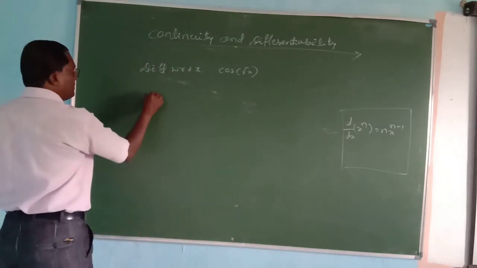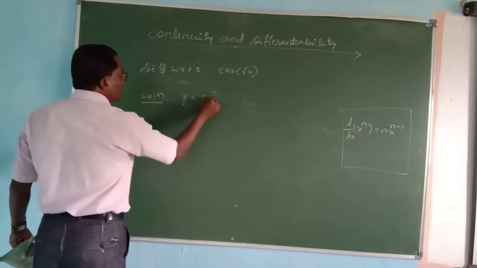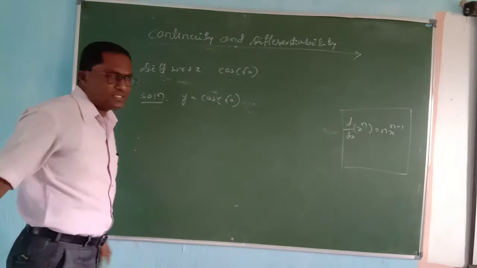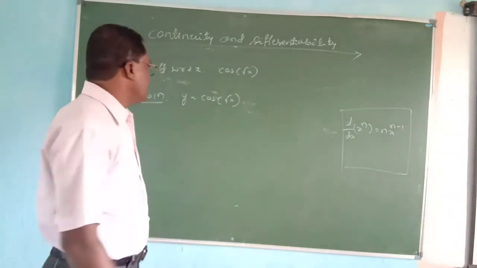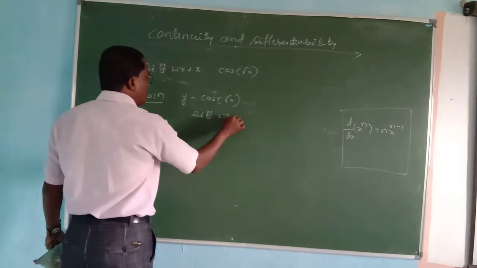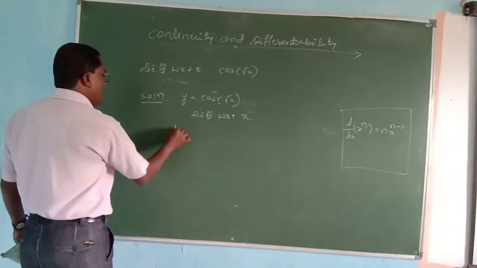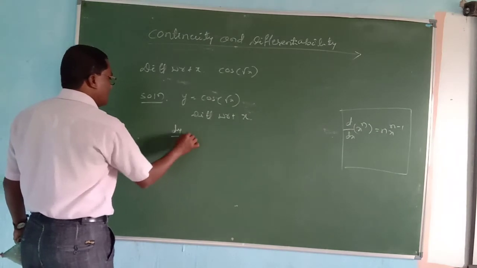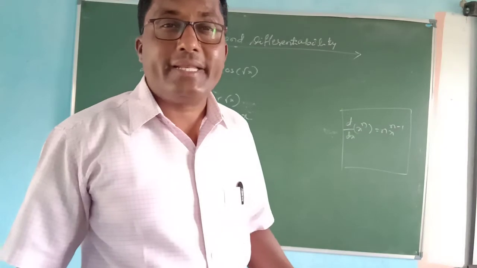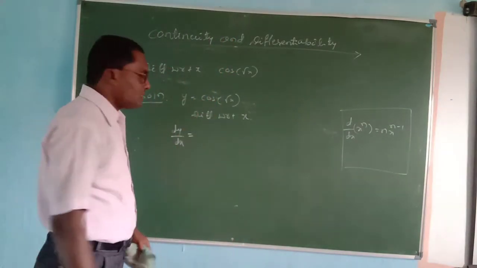Okay. Solution. Y is equals cos of root x. This is a composite function. Okay? Yes. Differentiate with respect to x. See, dy by dx is equals, what is differentiation of cos x?